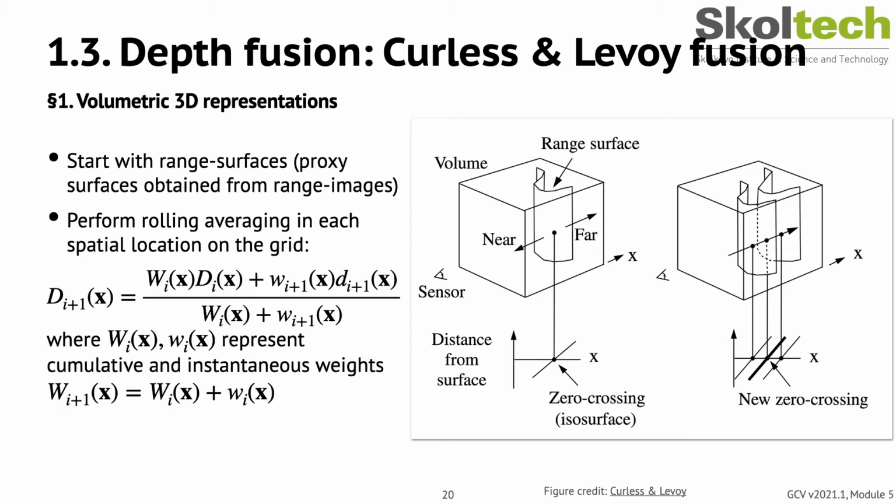In this case, we also need to define what are called the weight functions that say how we should fuse the newly arriving volume into the volumetric grid that we're building. There are a number of caveats in defining the weight function. However, the conceptual method is very simple.